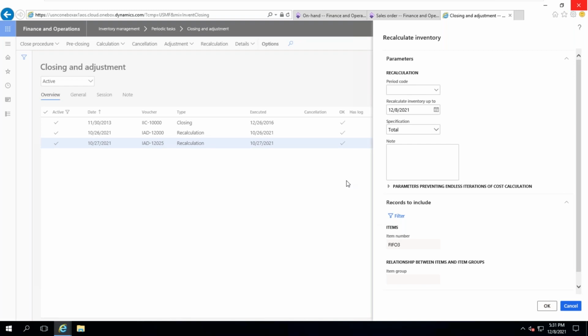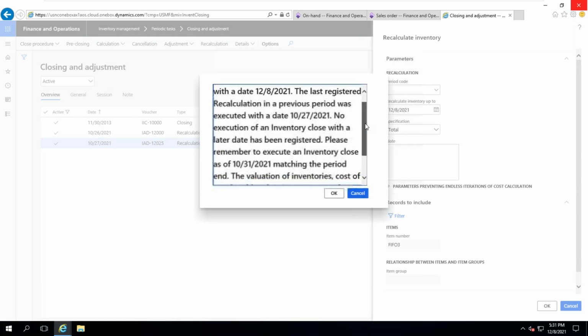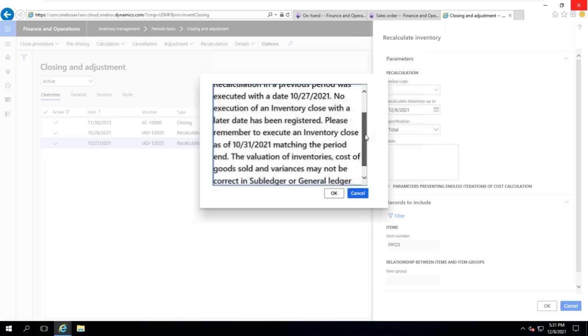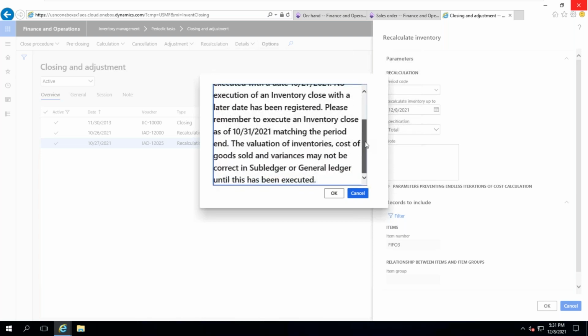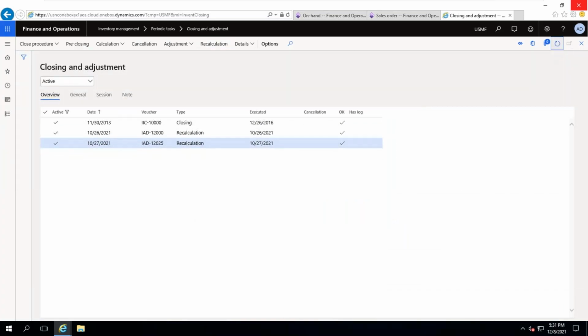Click OK. Okay, now no problem. It was actually a warning message that you have not done the closing process.